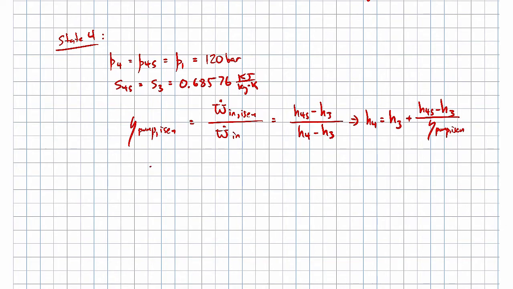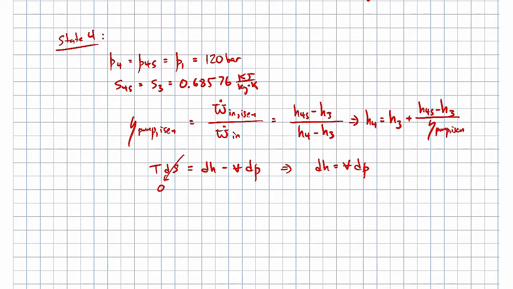Let's just start with the TDS equation in terms of specific enthalpy. If you go back to our notes, this is what the TDS equation looks like, right? And for an isentropic process, which is what we're saying in going from 3 to 4s, the ds would be 0. And so we're left with dH is equal to v dp, right?